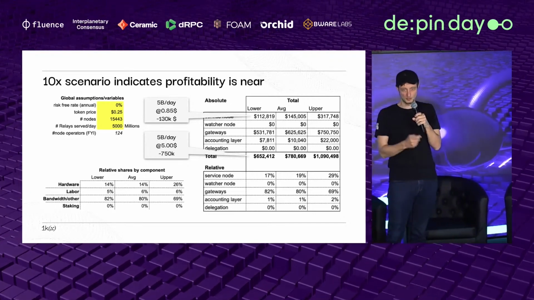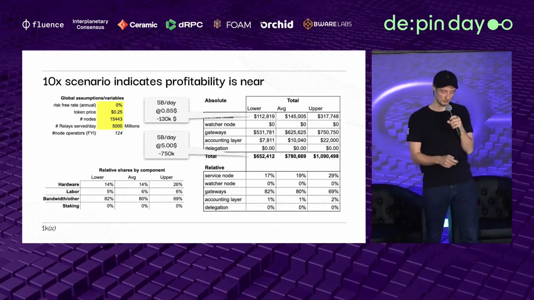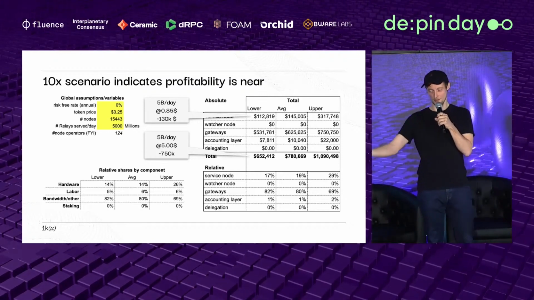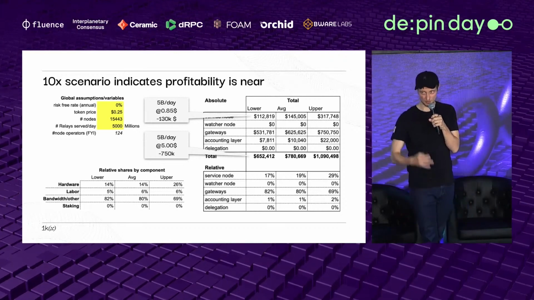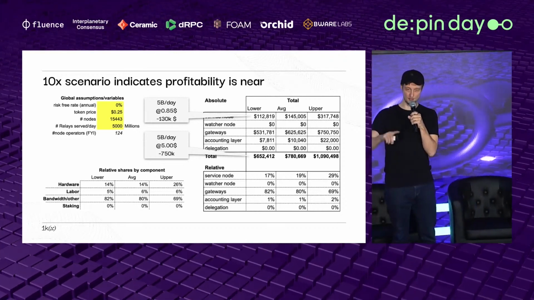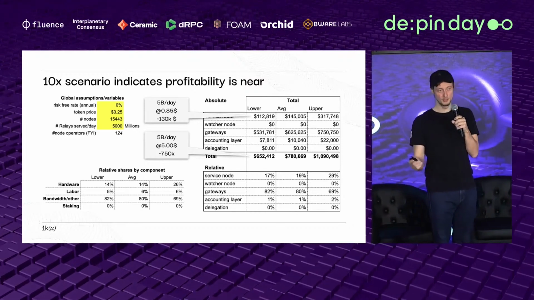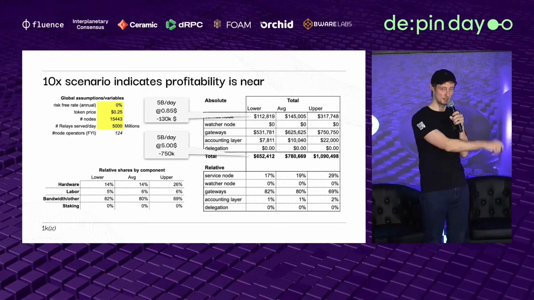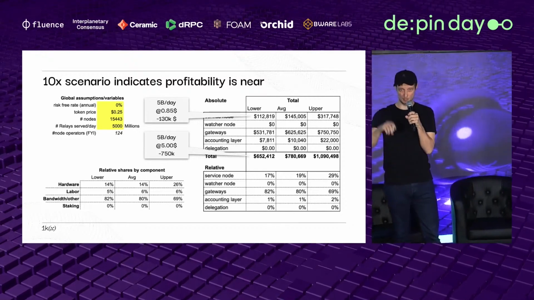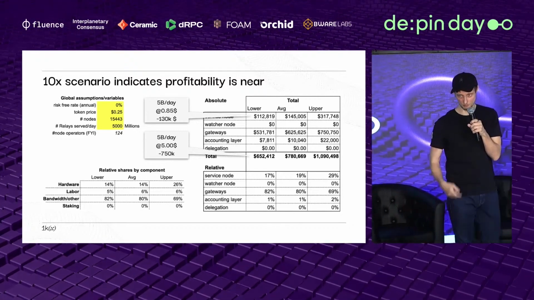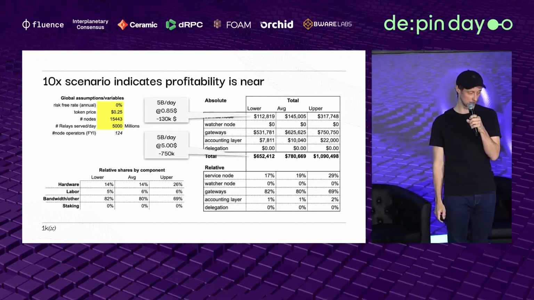I don't know that every single number is true here, but that's not the point. You open up this tool to everybody, and then the community can play around and say, yeah, actually we think this will happen. Or even the gateway provider can say, hey, we'll add this and that, and this is how we get the cost down. They can plug in the numbers and then inform the discussions that you have via governance and elsewhere.